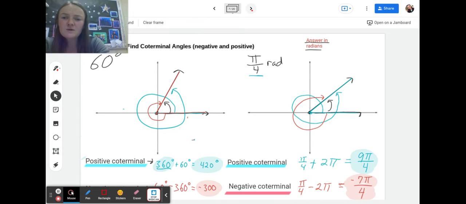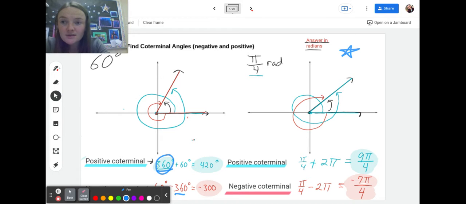All right. Once again, we practiced finding positive and negative coterminal angles. The only addition here is that instead of finding them in degree mode, we found them in radian mode. In fact, the process works the exact same way. To find a positive coterminal angle, instead of adding 360 degrees, we're going to add the equivalent, which is 2 pi radians.